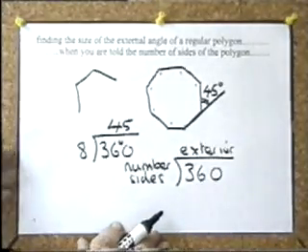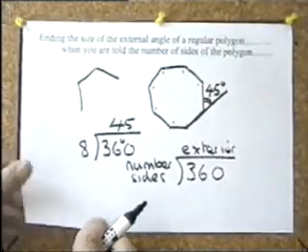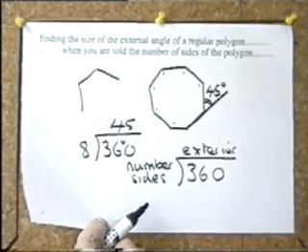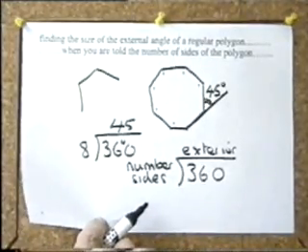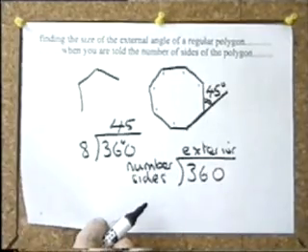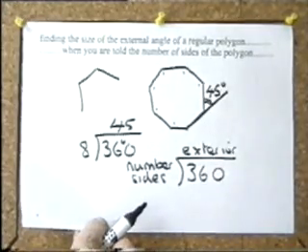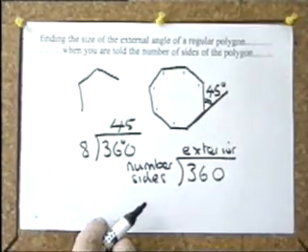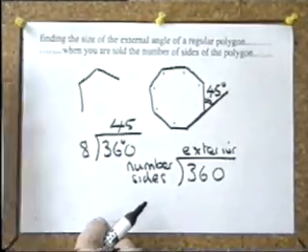Very useful little piece of information. The exterior angles of a regular polygon always add up to 360, so if you divide 360 by the number of sides, you'll be working out your exterior angle.